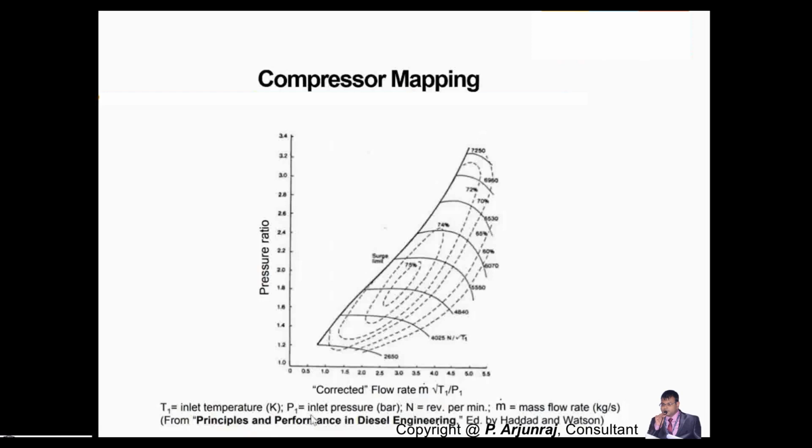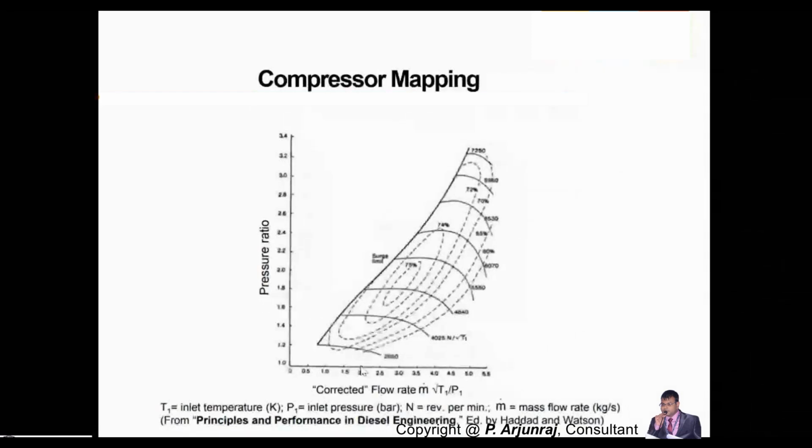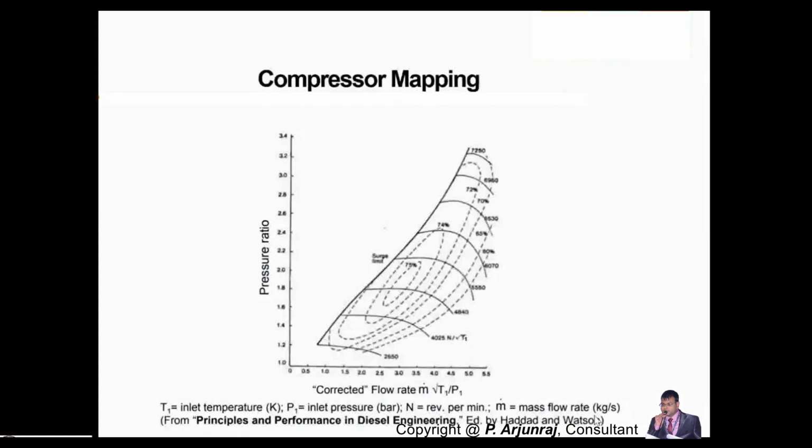T1 is the inlet temperature, and P1 is the inlet pressure. I told you the pressure ratio is basically the outlet pressure to the inlet pressure, and the airflow rate is the corrected airflow rate. The flow rate is the mass flow rate of the medium, so here the unit is kilograms per second, and n is the speed at which the turbine performs.